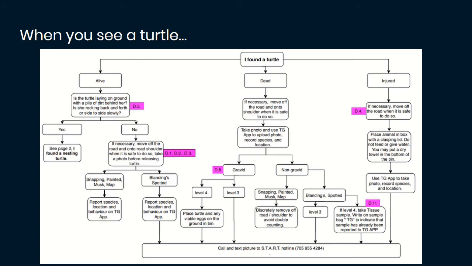That's basically just based on specific permission that we have under certain permits. So those people that have received specialized training are on our research permits. We're calling the difference between these types of volunteers level 4 and level 3. So our general volunteers who are doing this online training, you would be considered level 3. So you're going to call start and you are going to await further instruction.